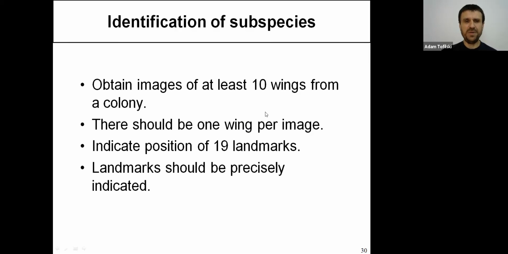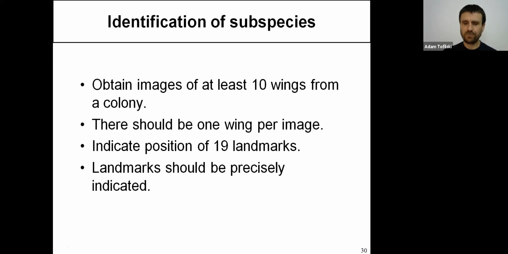On the image, you indicate the position of the 19 landmarks. The location should be precise, because if you don't do this carefully, the results will be imprecise. As some computer scientists say, junk in, junk out.